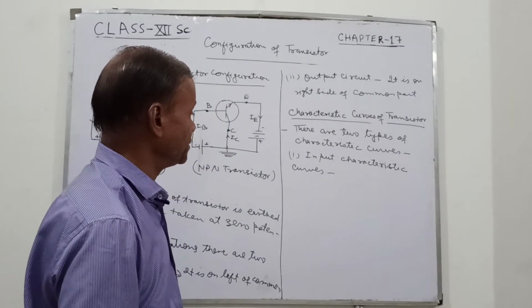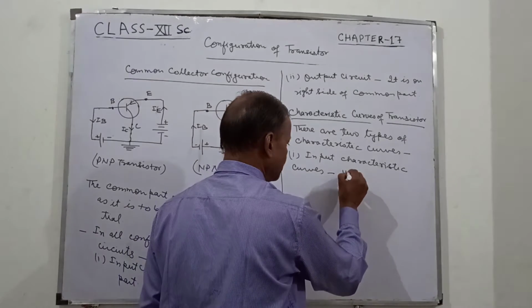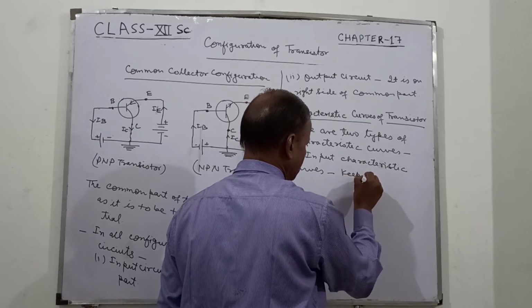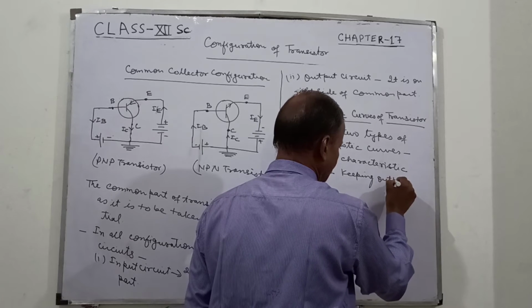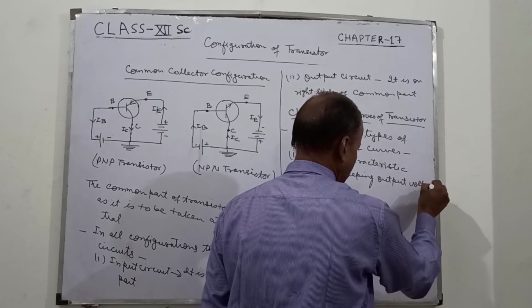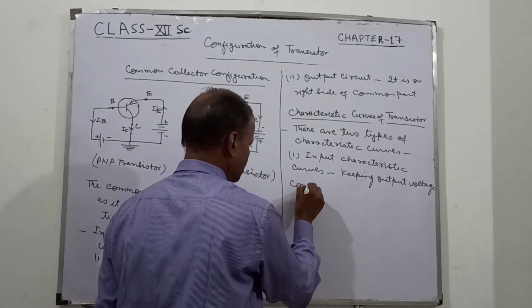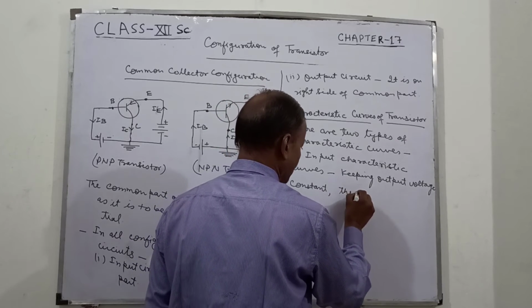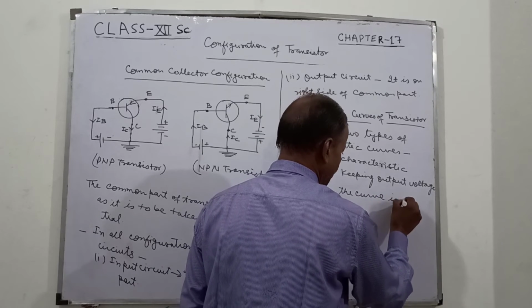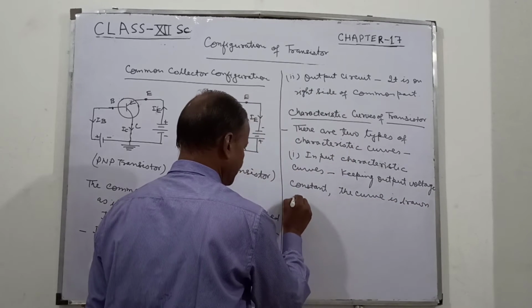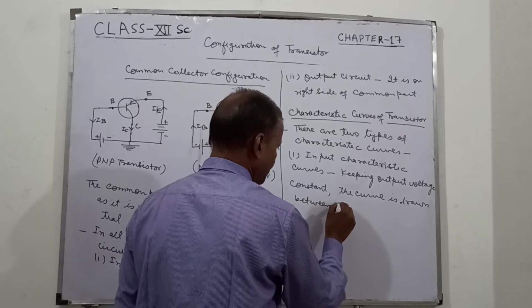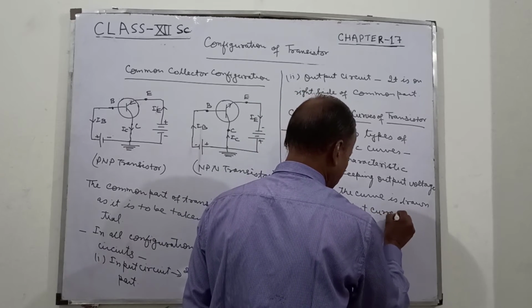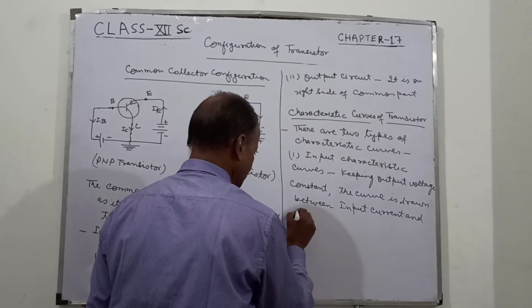Now in this characteristic curves, keeping output voltage constant, the curve is drawn between input current and voltage.